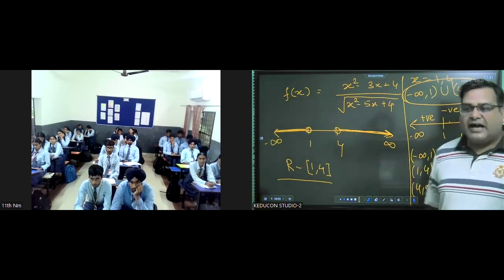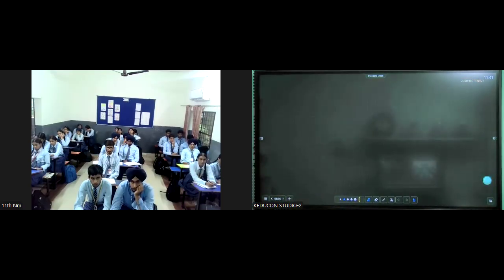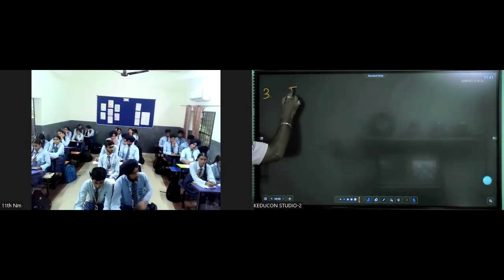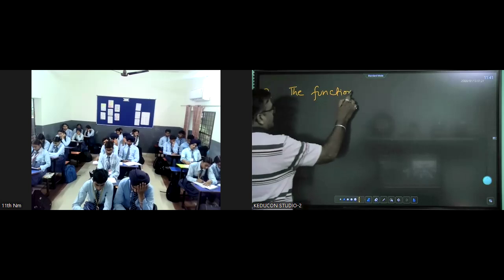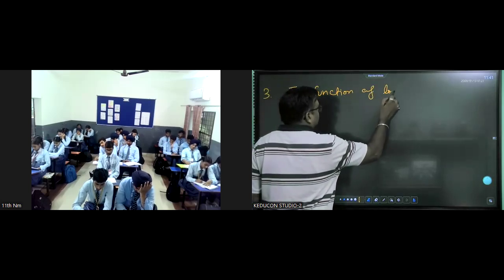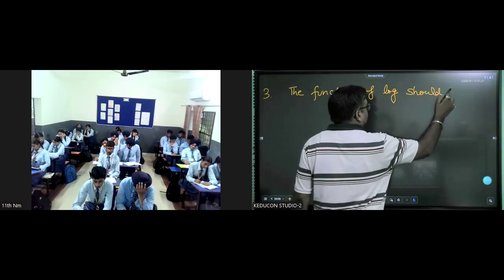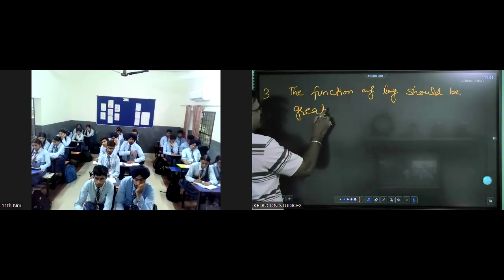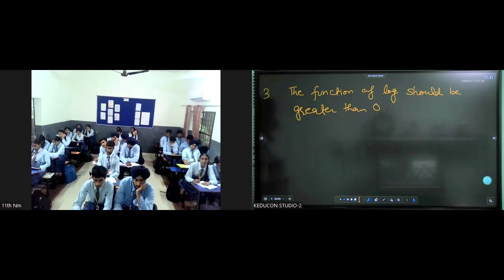Anything not clear? I'll do the third rule quickly, and then we'll do some more questions. What is the third rule? The function inside a log should be greater than 0. What is the meaning of this?